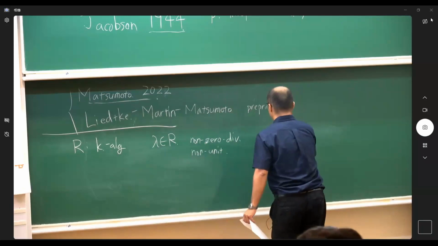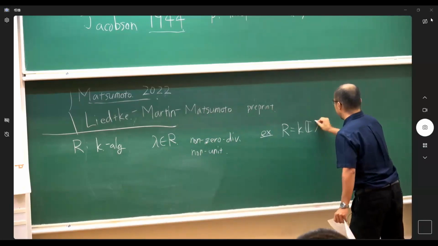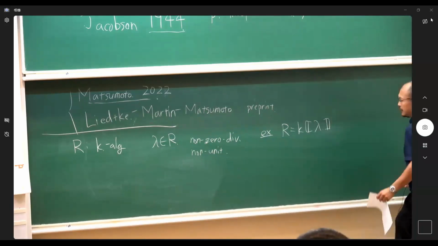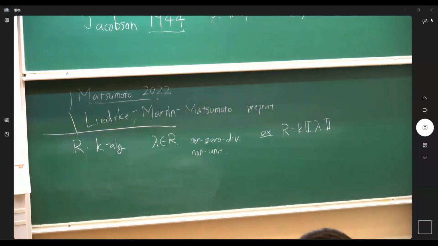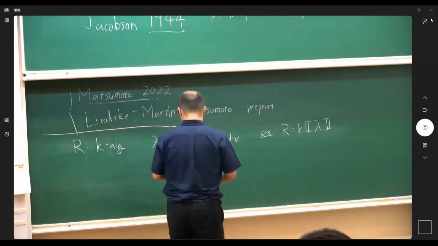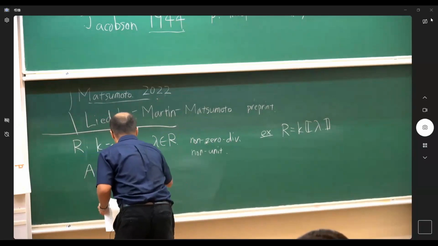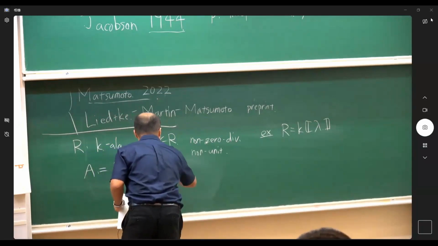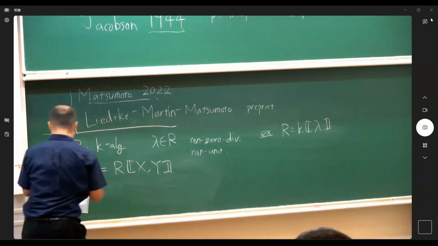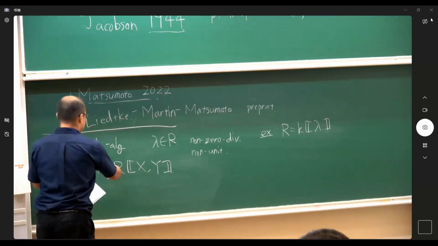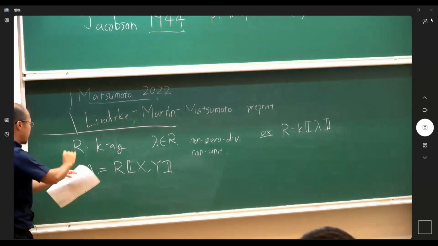The typical example is the following: formal power series ring with one parameter lambda, and A, formal power series with two parameters. This is a deformation of a two-dimensional disk over the spectrum of R.